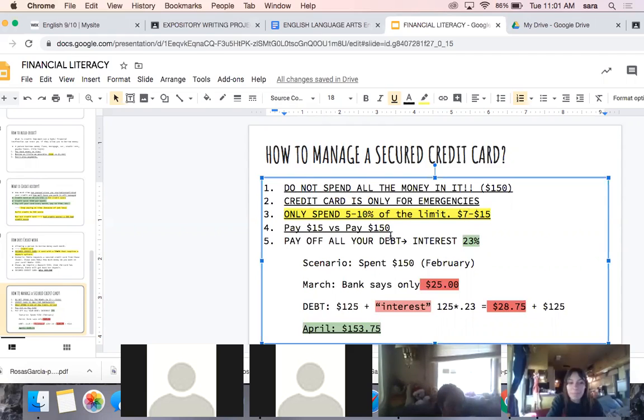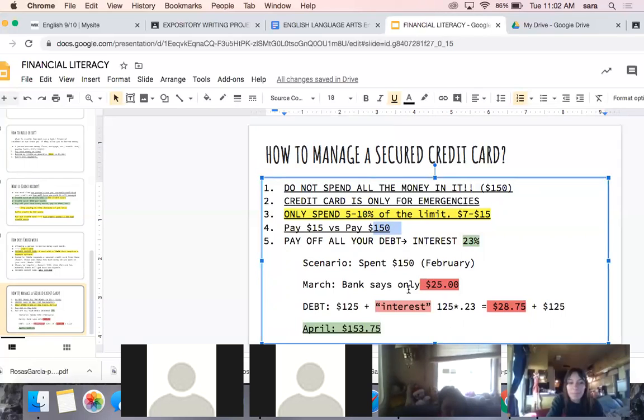But literally, the less you use it, the better. Why? Because it's a lot easier to pay off $15 versus paying off $150. Remember, life will always happen in some way, so it's easier to pay off a small debt than a big debt.